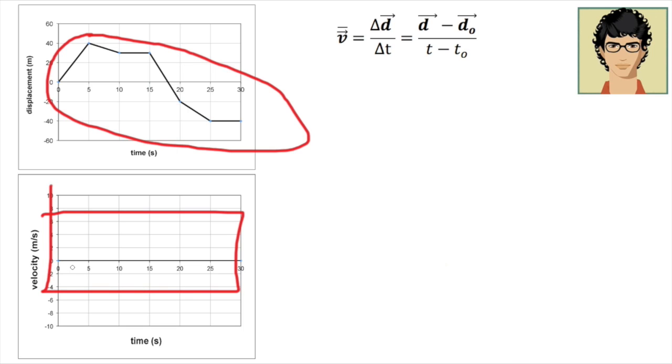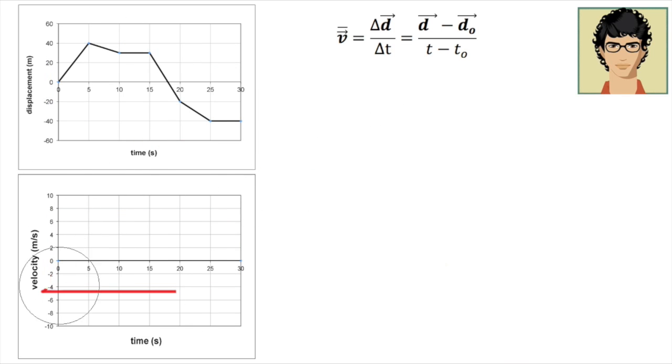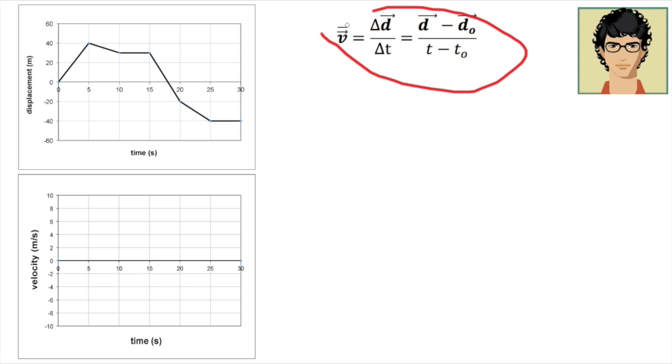To do that, we need to realize that our definition of velocity, which is over here, is the change in displacement over the change in time, equals d minus d naught over t minus t naught. This is the definition of velocity.